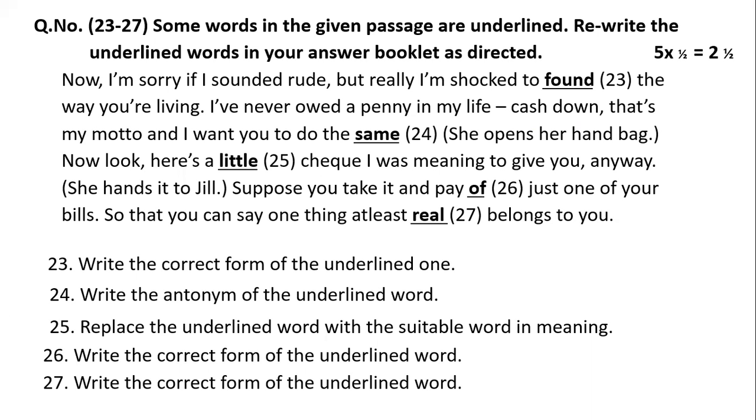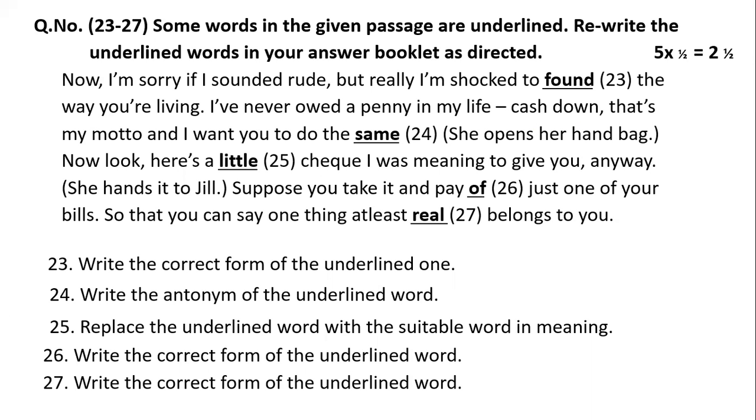After reading the passage, they have given you. So, what will be the correct form for the underlined word? Here it will be find. So, 23rd number you have to write find. Yes, the way you are living. I never owed a penny in my life, cash down.